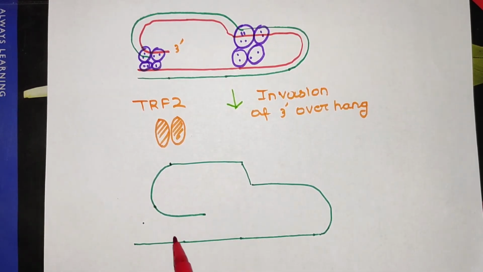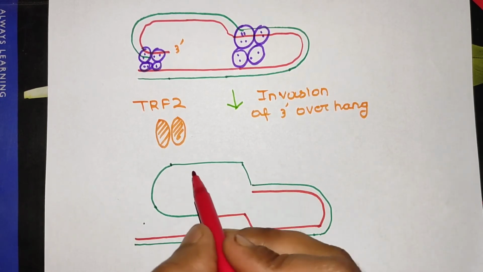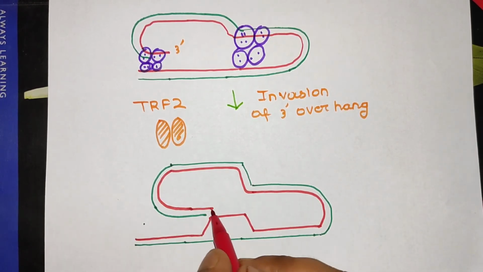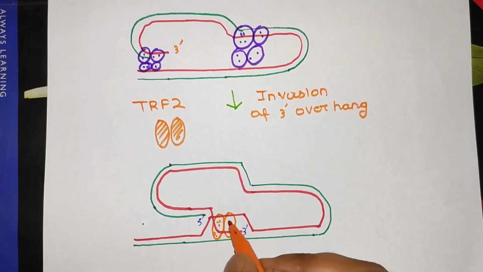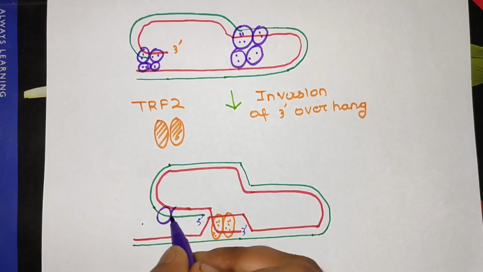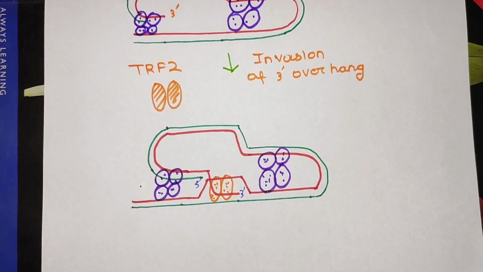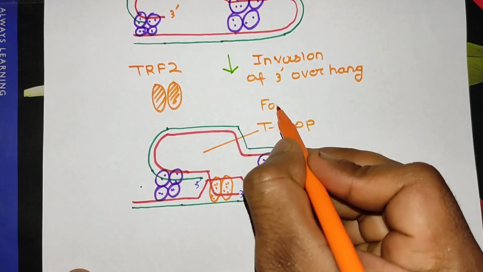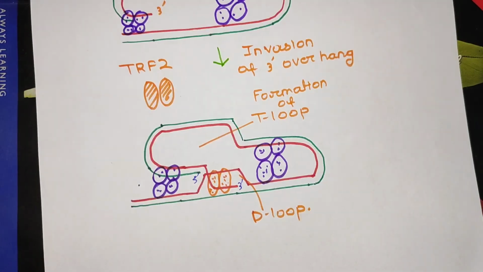Inhibition of the TRF2 protein leads to activation of the ATM or P53 dependent apoptosis pathway. Due to this, the cell cycle is arrested and the cell undergoes apoptosis. We have to protect the 3' end because the 3' end is recognized as damaged DNA. So this is the formation of the T-loop, and this is the D-loop structure.